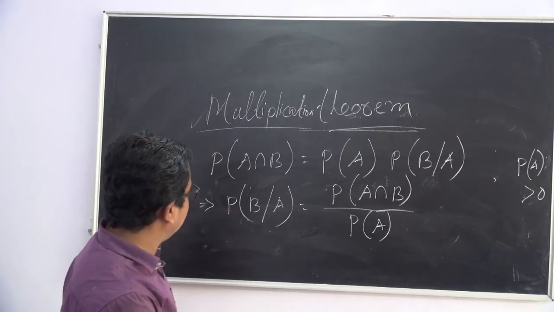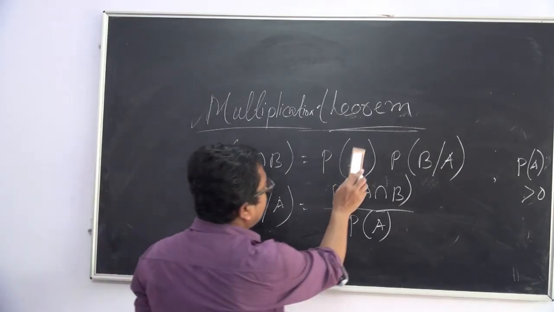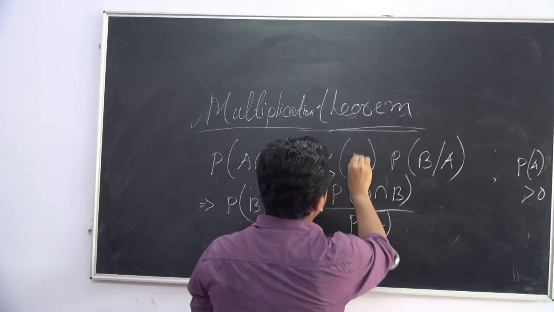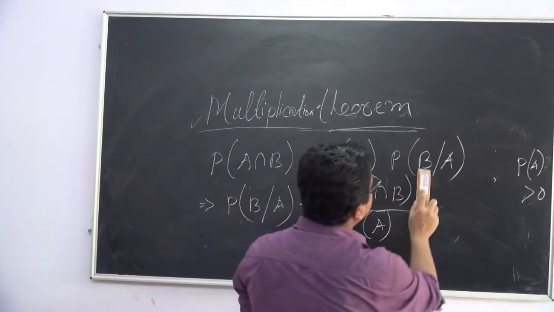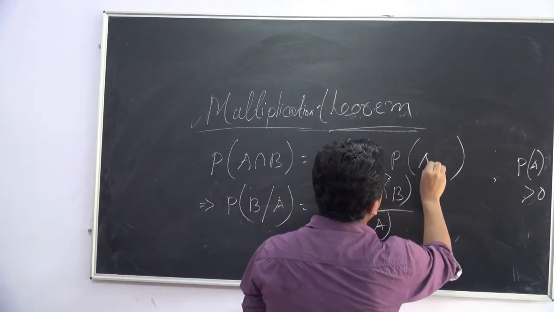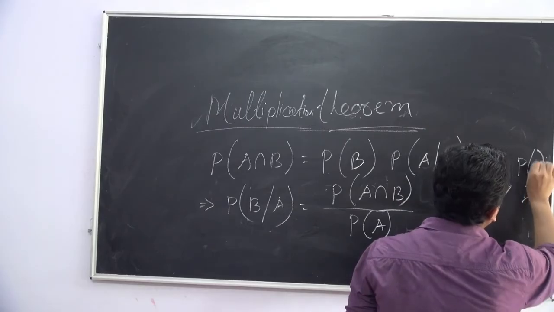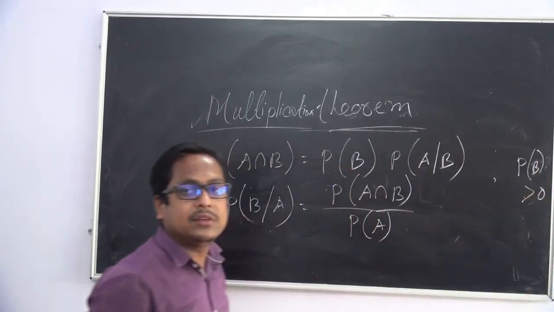Or otherwise, I can also write probability of A intersection B is equal to probability of B and probability of A given B. The condition is probability of B greater than 0.